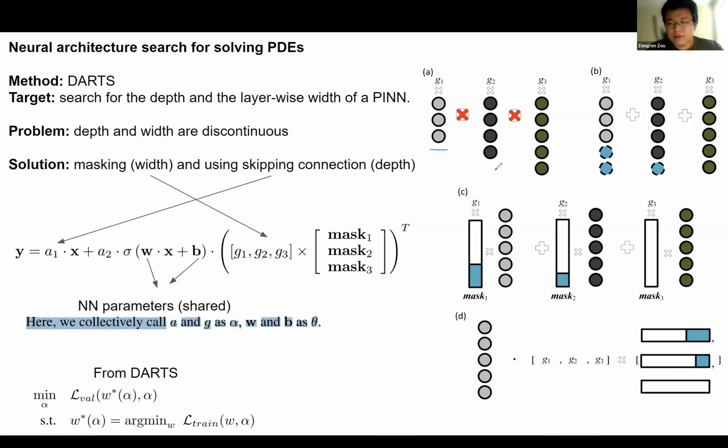Here we have 3 neurons, here we have 4 neurons, here we have 5 neurons. Because remember in DARTS, the output is a weighted summation of all the different operations, and of course those 3 cannot be summed up. So to solve this issue, the authors use this padding, using masks to do the padding.